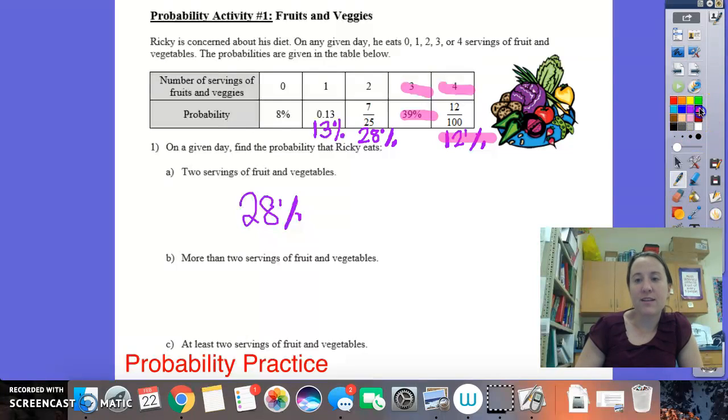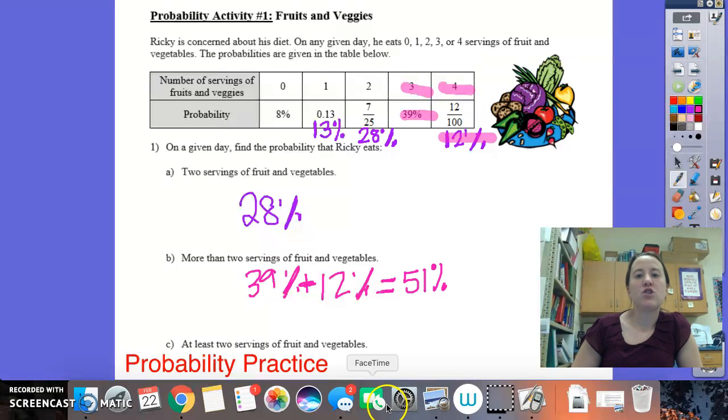So in order to figure this one out, I would just say 39% plus 12%. And when I add those together, there's a 51% chance that we would choose 3 or 4 servings.